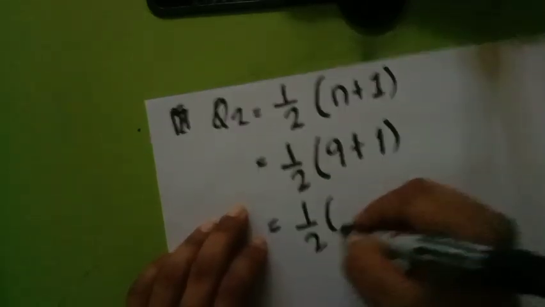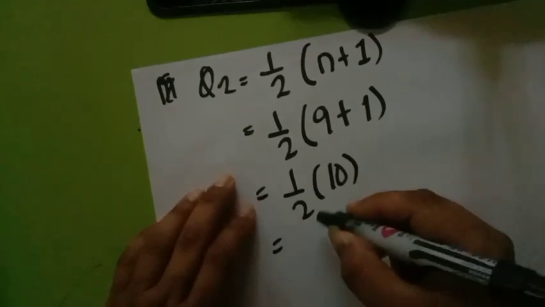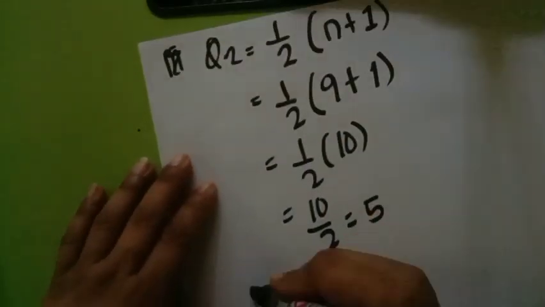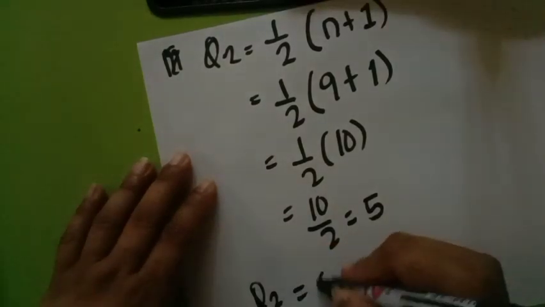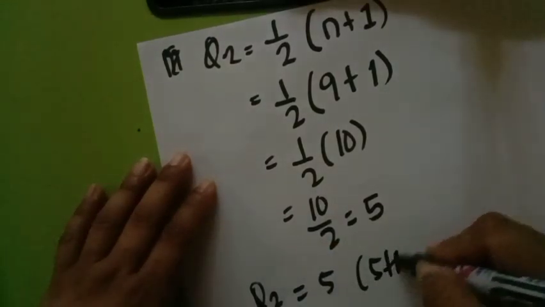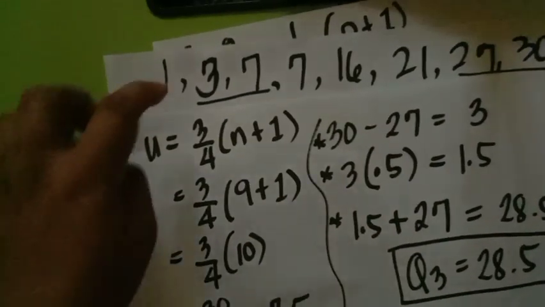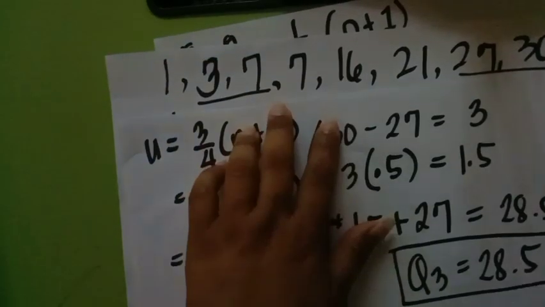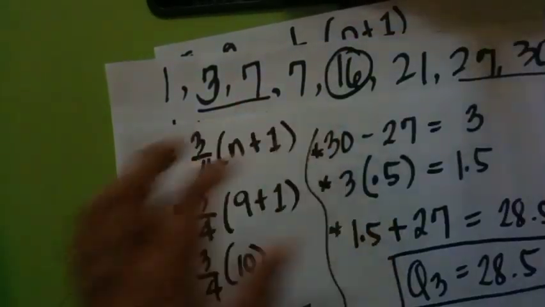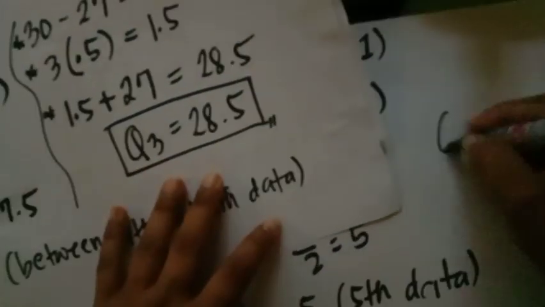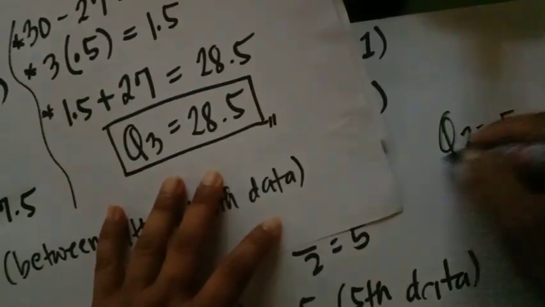So, 1/2 times 10. So, 1 times 10 is 10 divided by 2, that is 5. So, therefore, ang Q2 natin is 5. This is the fifth data. What is the fifth data in the distribution? 1, 2, 3, 4, 5. So, no need for linear interpolation kasi yun yung gitna natin, the middle values. Therefore, our Q2 is equal to 5. Okay?